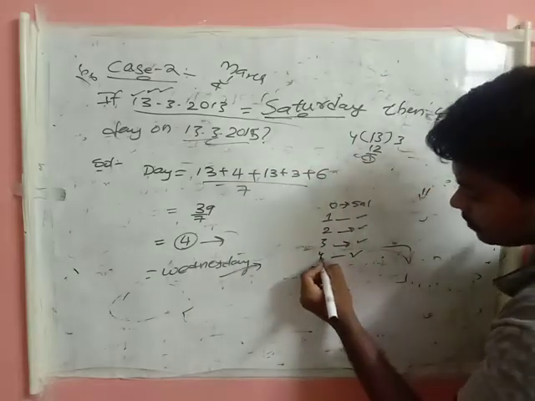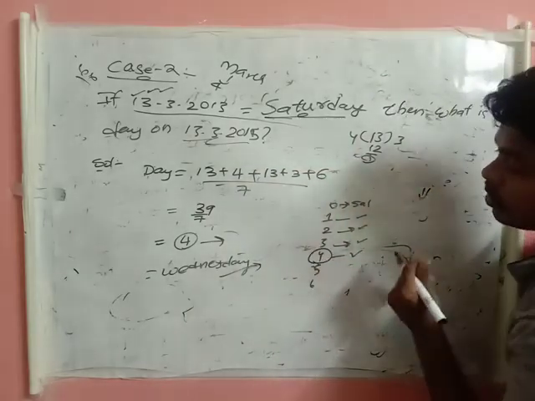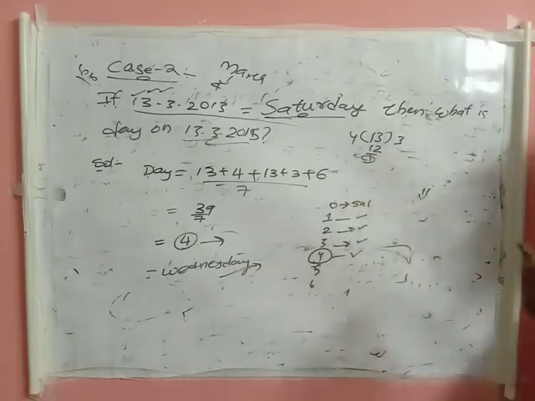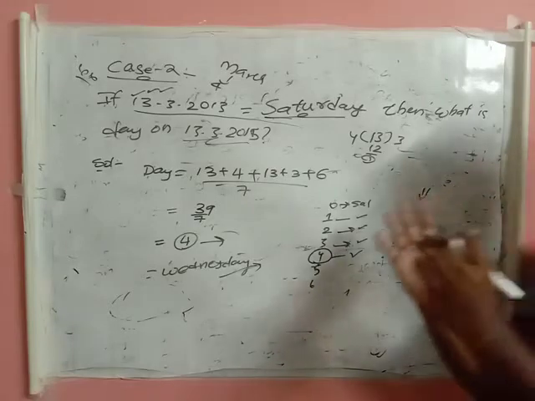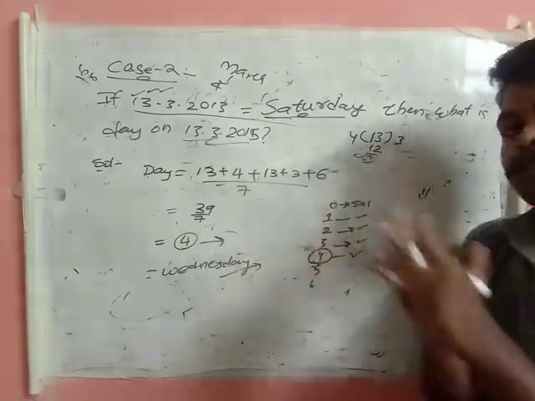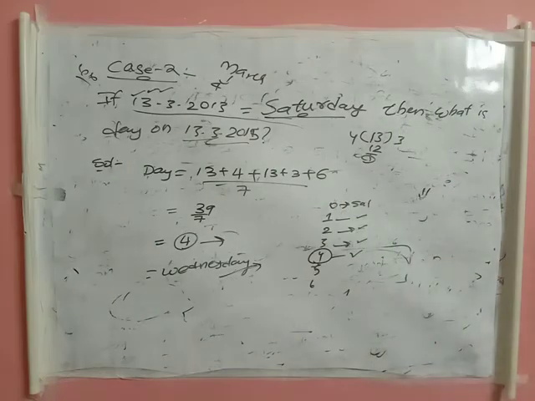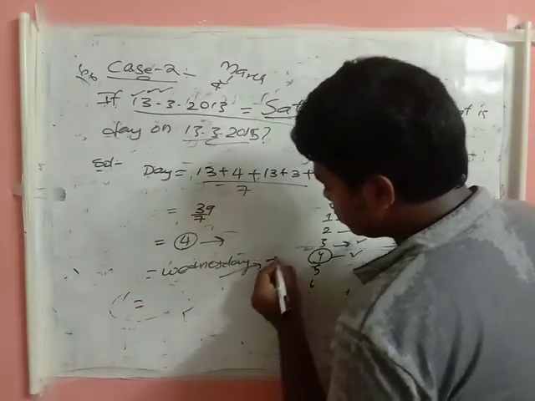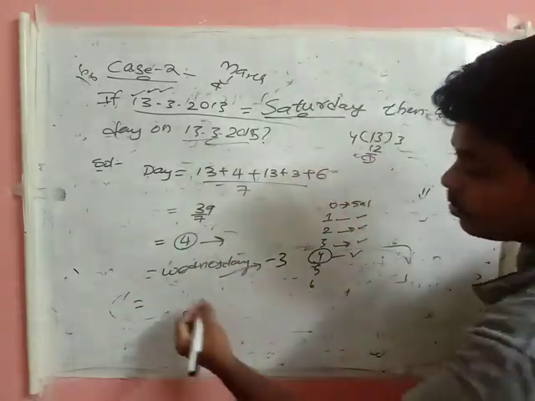Initially the correct answer is Wednesday, but they gave Saturday. So what should I do to Wednesday so that I can come back to Saturday? What should I do to 4 so that I can go back to Saturday? If I subtract 3 from Wednesday, can I go to Saturday?